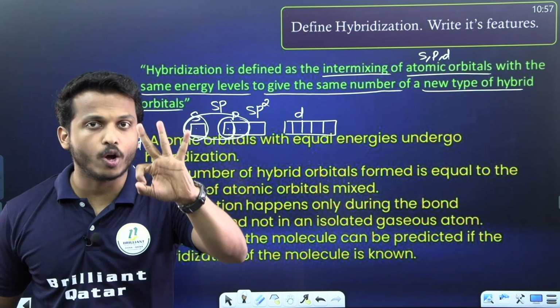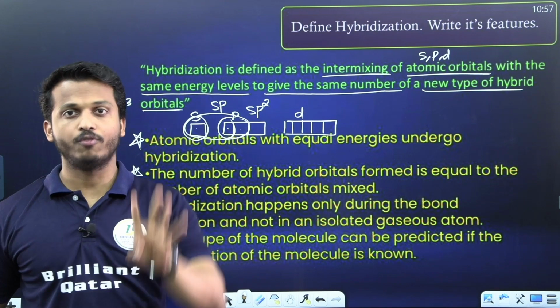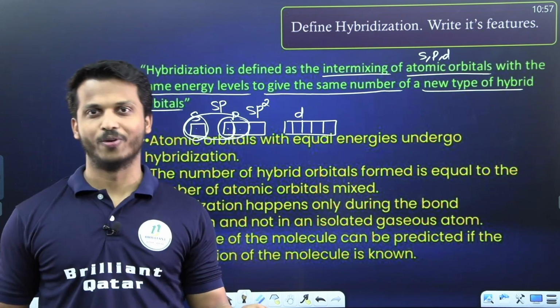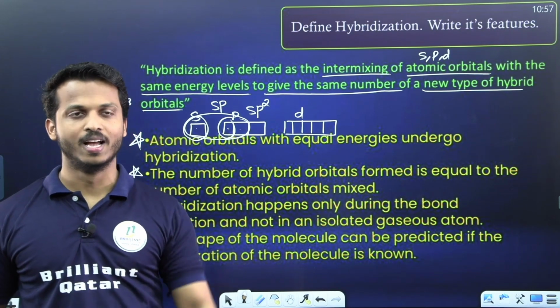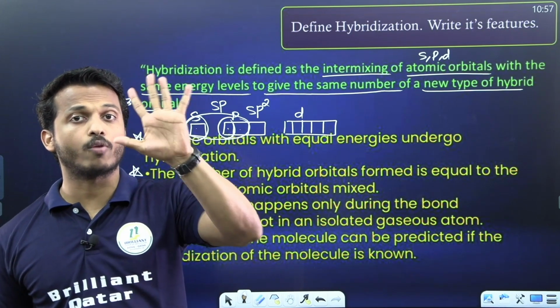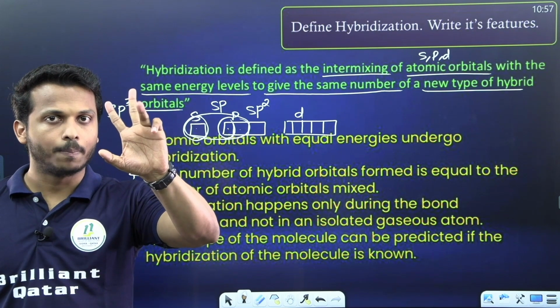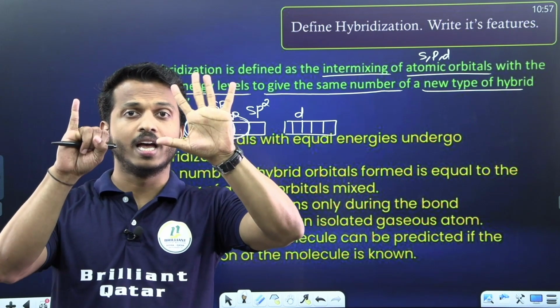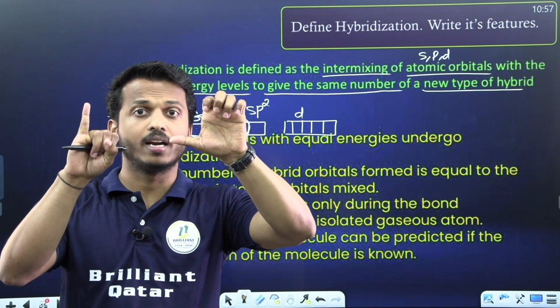To mix 3 orbitals, sp2. To mix 4, sp3. Can we write sp4? No, because only 3 p orbitals are there. So if you want to mix overall 5 orbitals, sp3d. If you want to mix a total of 6, sp3d2.